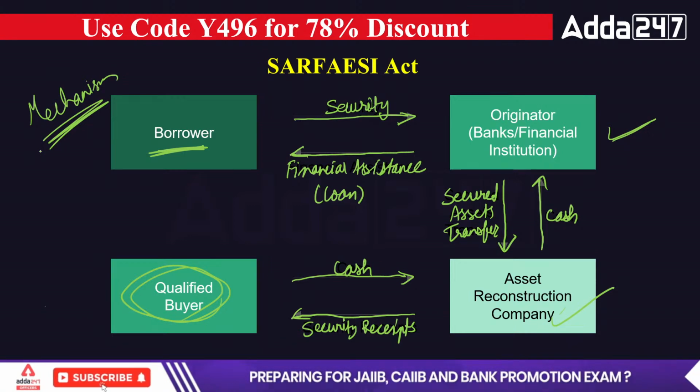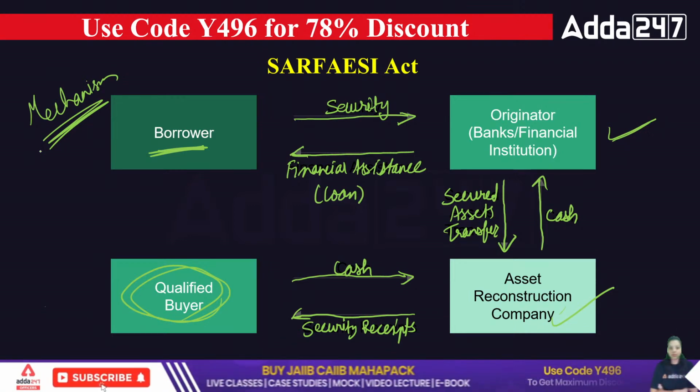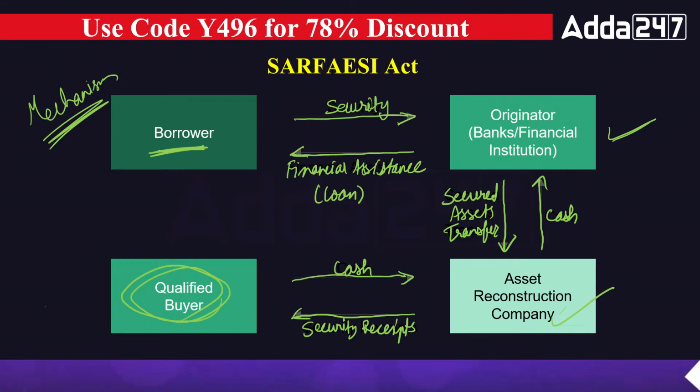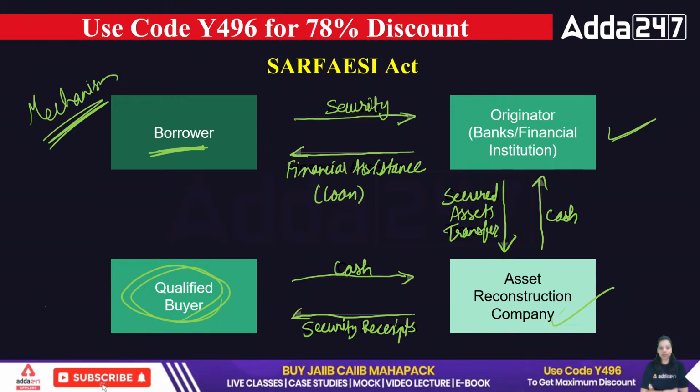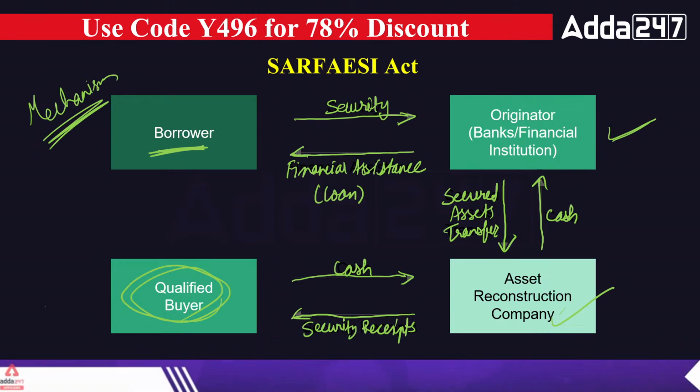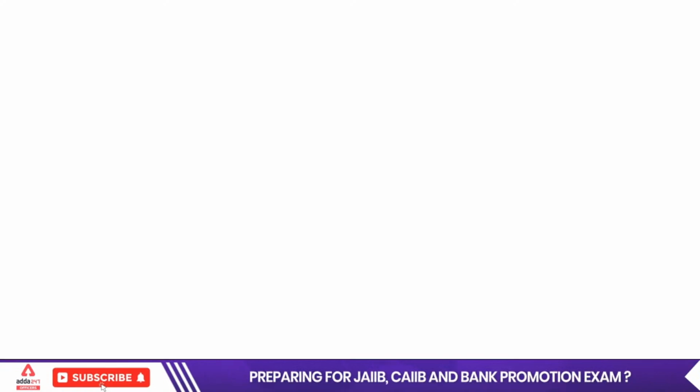Yes or no? So all these details are regarding the Sarfaesi Act. We have seen there are so many ways by which we can recover the NPA. Out of that, today we have discussed the Sarfaesi Act. Okay, so this is what we have discussed.